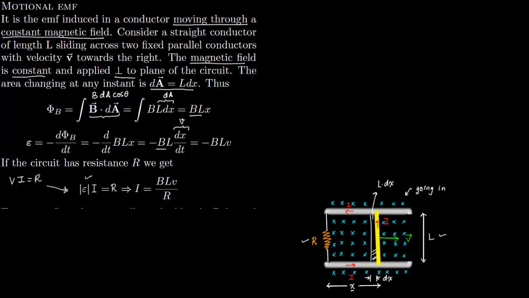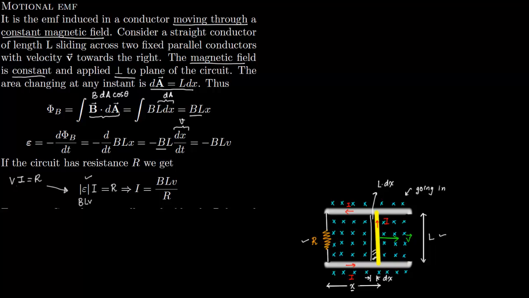Just copy the formula down, and from here you can calculate the value of the current. You plug in this absolute value of E as BLv, so we are ignoring the negative sign here. This is how you get the value of the current flowing through the circuit. Notice that current has a particular direction. This direction we will learn from Lenz's law.